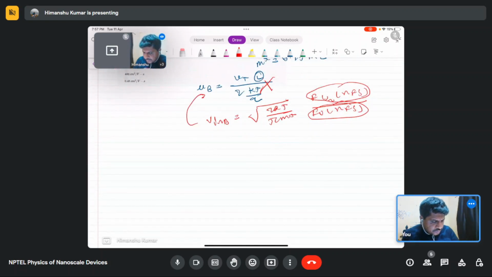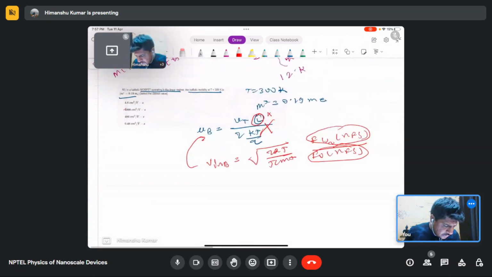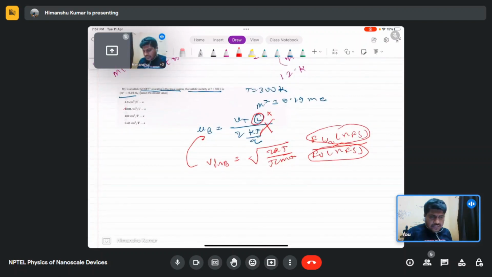There is a confusion of L in this problem, which I will figure out in the next session. The L length is not given, so how to calculate the mobility is the question, or there is something wrong in this question. I will let you know in the next class.